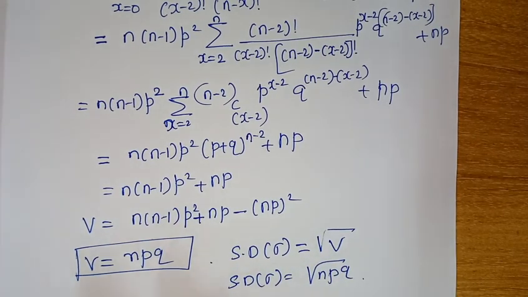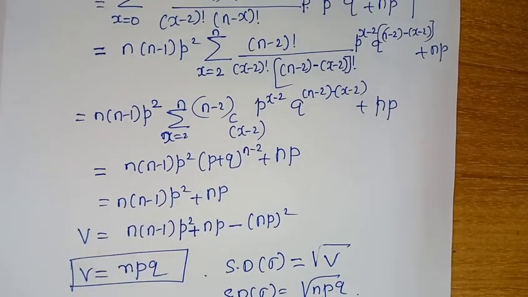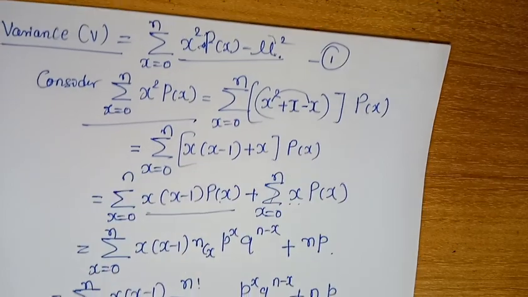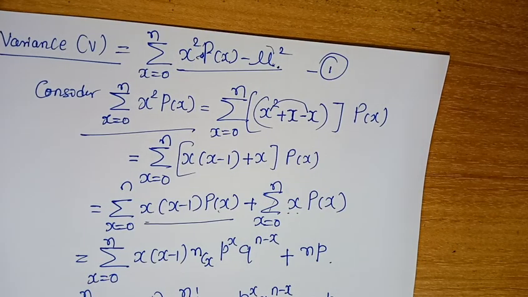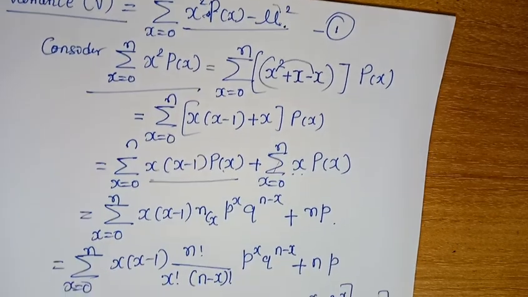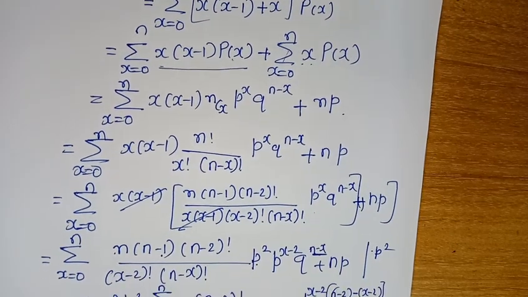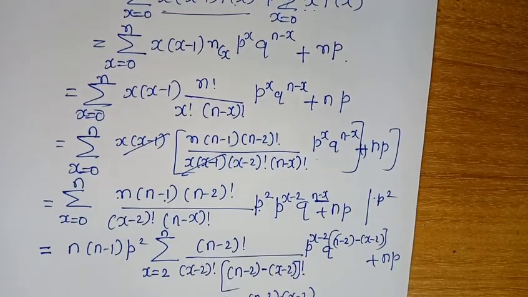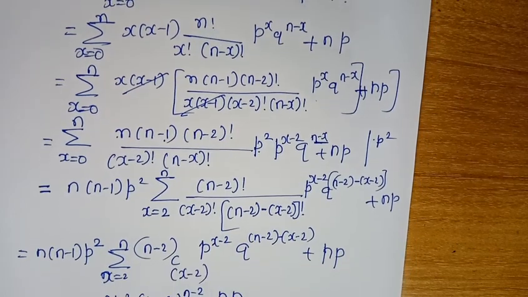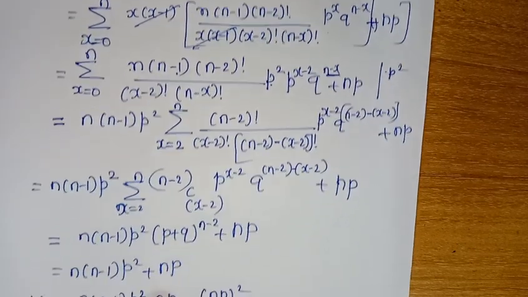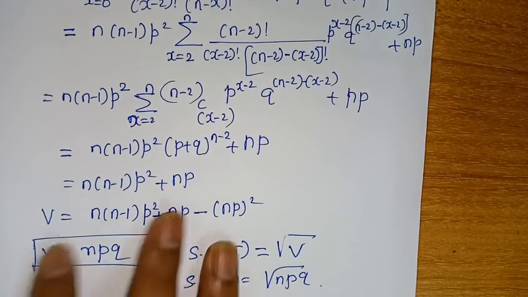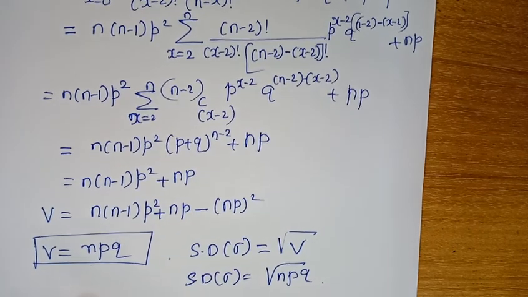So dear students, this is all about the mean and standard deviation of the binomial distribution. This is the variance we started with and we have done it. So I hope you enjoyed this video. In the next class we'll solve some problems on the binomial distribution, then we'll move on to the Poisson distribution concept.